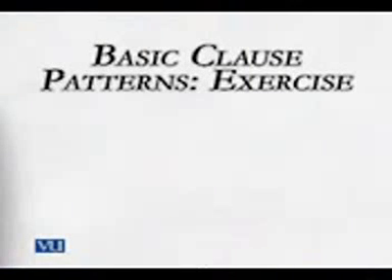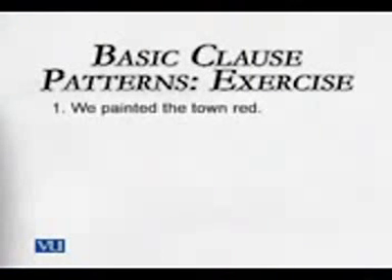Now, you can see on your screen, We painted the town red. As an example, I do it for you. I'll underline We, and on it, I'll write S. S goes for subject. I'll underline painted, and I'll write verb. I'll put a colon and write action verb, because painted is an action verb.